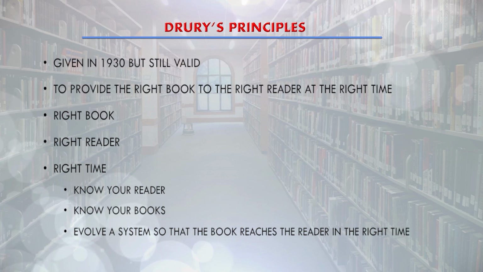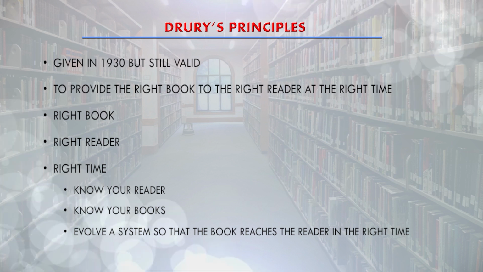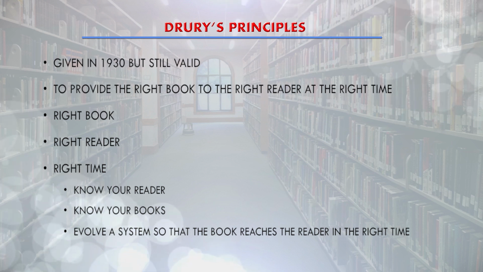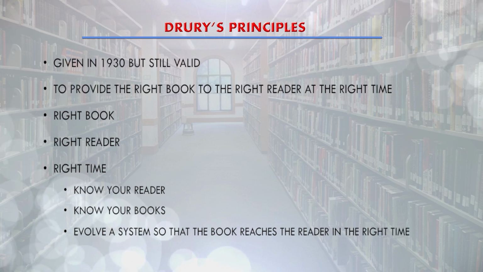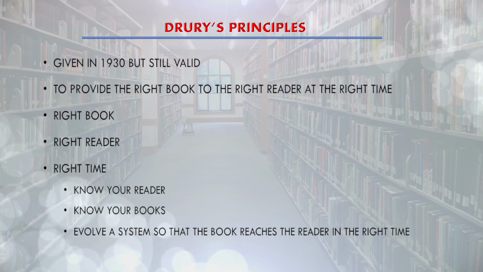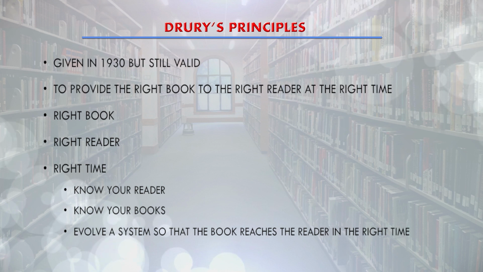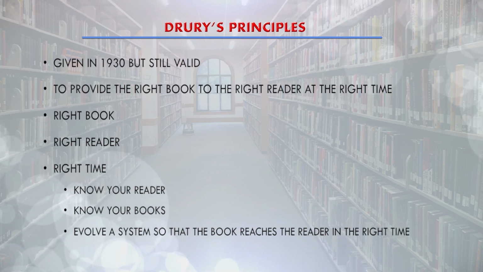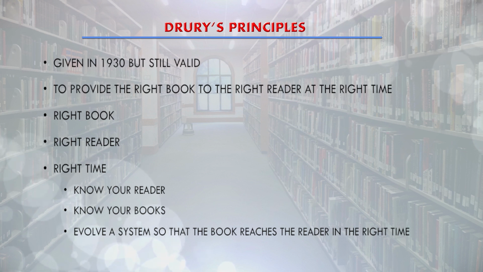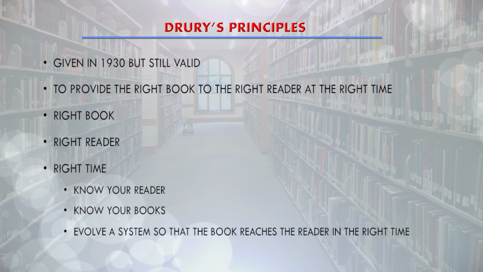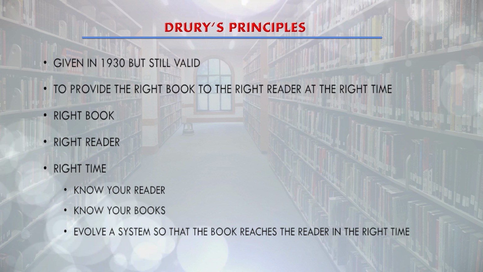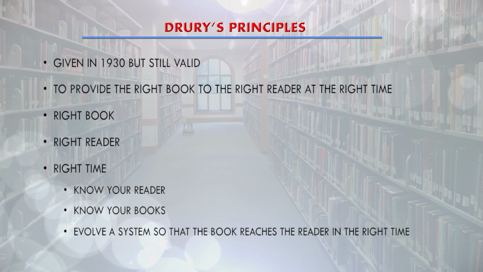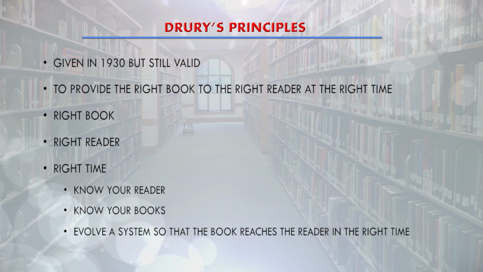So, his comment could be divided into three: right book, right reader, right time. Right book means that what your reader needs, you are providing that, and right reader means whoever needs it should be provided to him, and you will be able to provide it at the right time, meaning when the reader really requires it. For that, you need to evolve a system. So, this is the crux of Drury's principle.